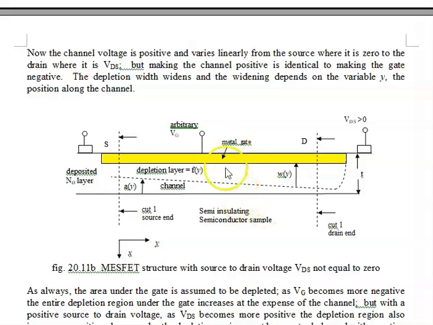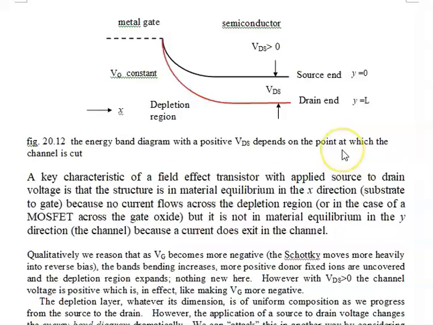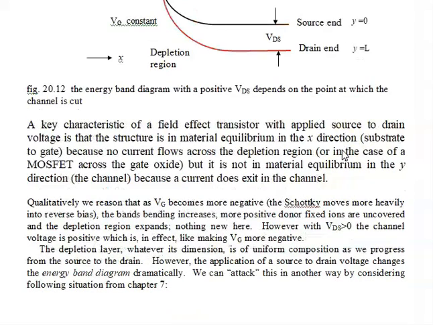There's no flow here because we have this big non-conductive region. However, there is flow from the source to the drain. So I have a situation where I have non-equilibrium in the y direction and I have equilibrium in the x direction.